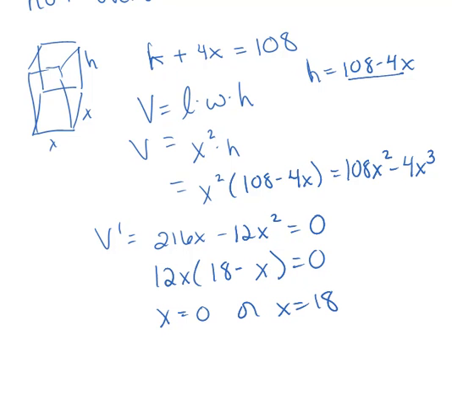Obviously, 0 doesn't make sense for the problem situation. So we just need to verify now that 18 is in fact a maximum. We'll look at the second derivative, and we get 216 minus 24x.